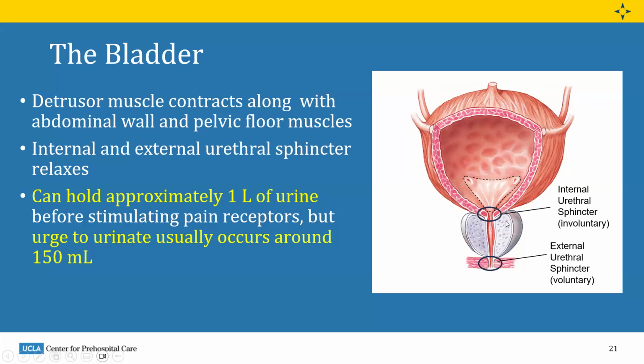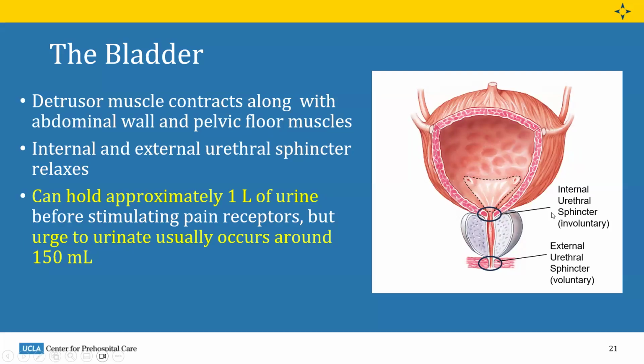This is our first time introducing a sphincter, which is just a round or circular muscle that's typically surrounding a tube shape. Sphincters will typically contract to pinch off or relax to open that tube to allow the contents to pass.